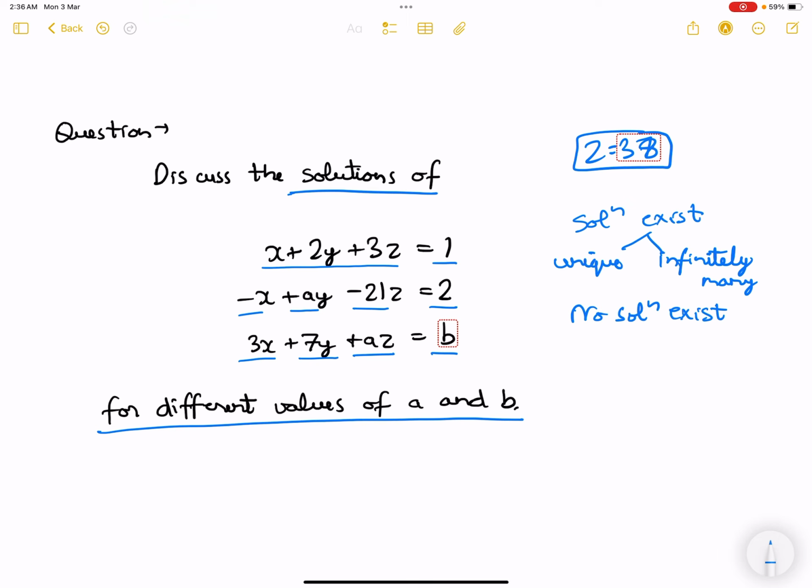Start solving it. Write down the A augmented B matrix and then use the elementary row operations on the diagonal elements, and make the below entries 0. Try to make them as 0.